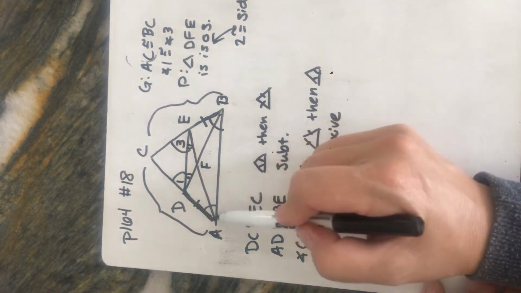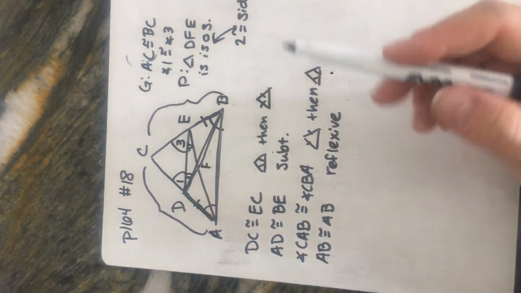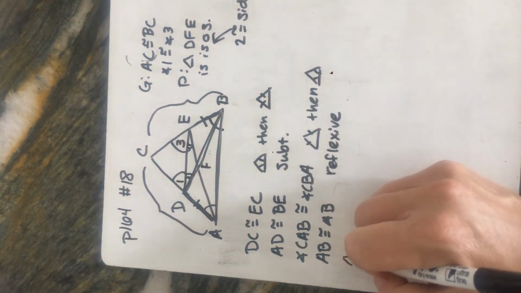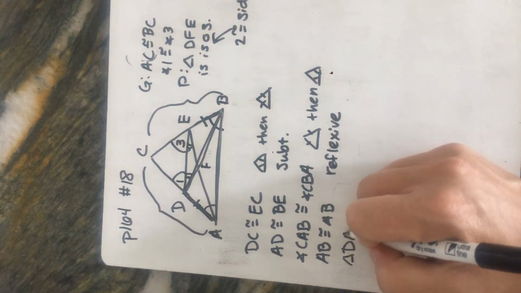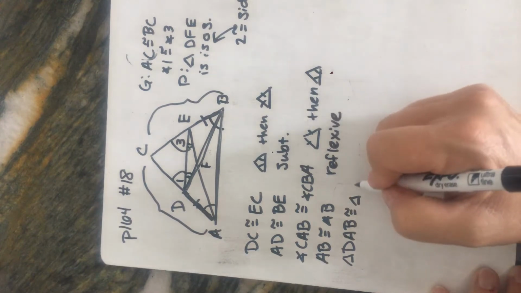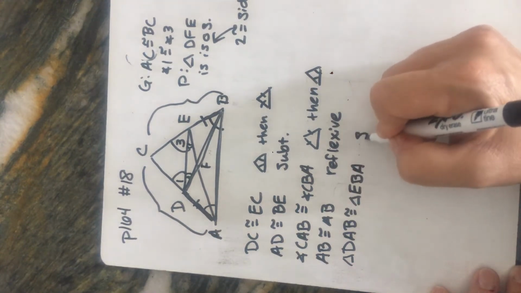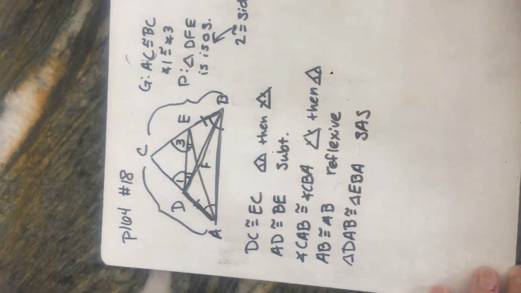So we've got two triangles here congruent. So we can say that triangle DAB is congruent to triangle EBA by side angle side.